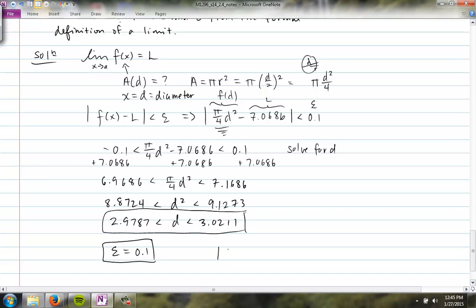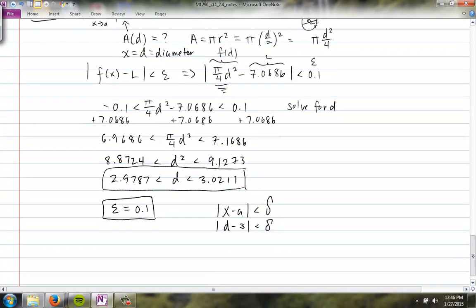So remember, the absolute value of x minus a is less than delta from our formal definition. Our d is our x for diameter, and then our ideal diameter in this situation was 3. So it could be a little less than that or a little greater than, but by how much? That is our delta.